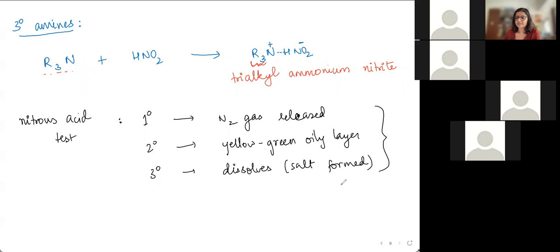Then we have another test, aryl sulfonyl chloride, also called Hinsberg reagent. I'll give you guys the key for that also.